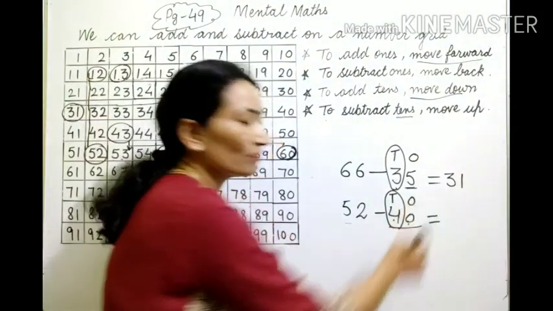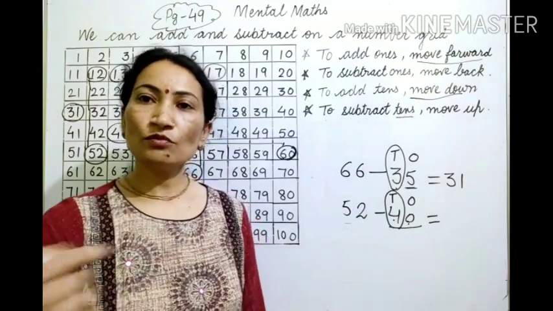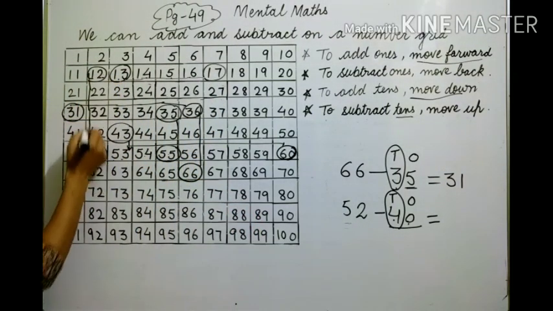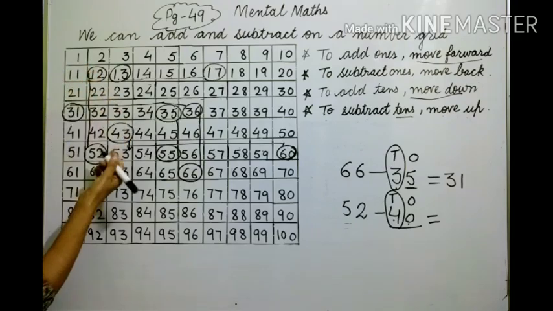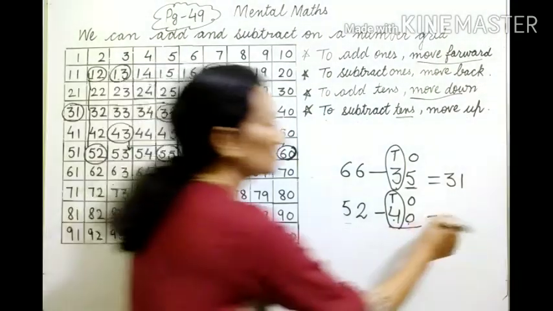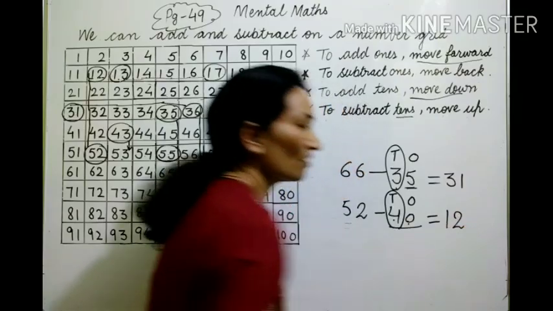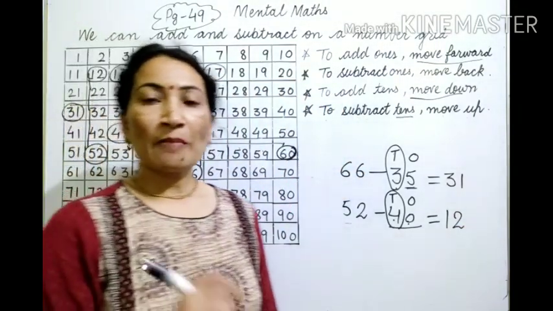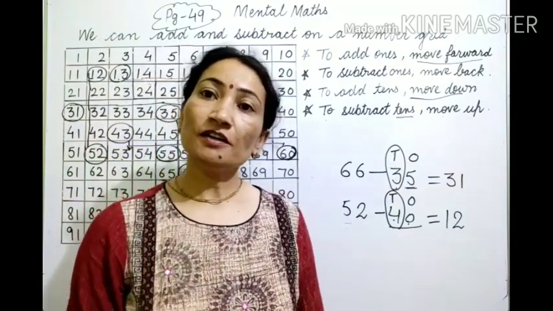Now here 0 ones means we will not move backward from 12. Only 4 steps we will go up and directly we are getting our answer, that is 12, because there are no ones to go back. Okay, back and up, they are different things.